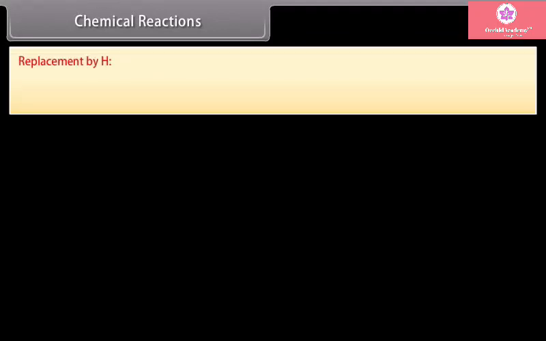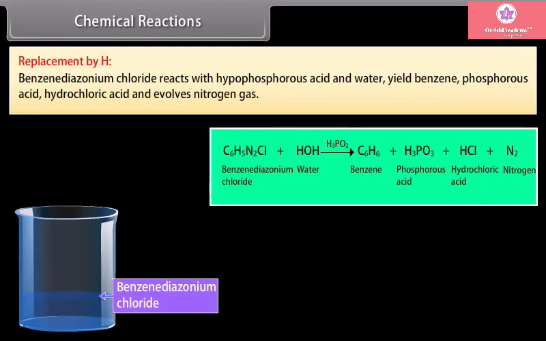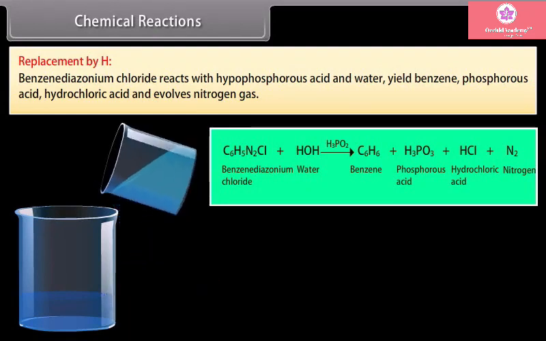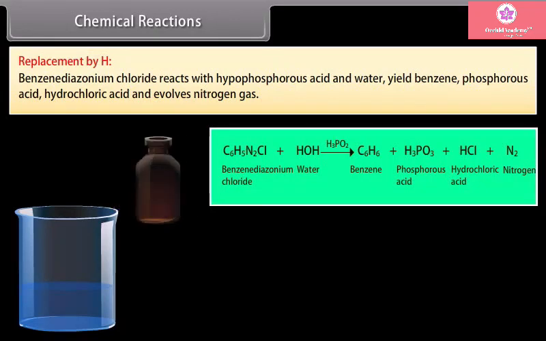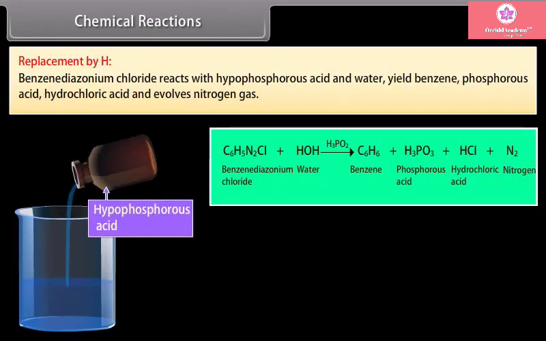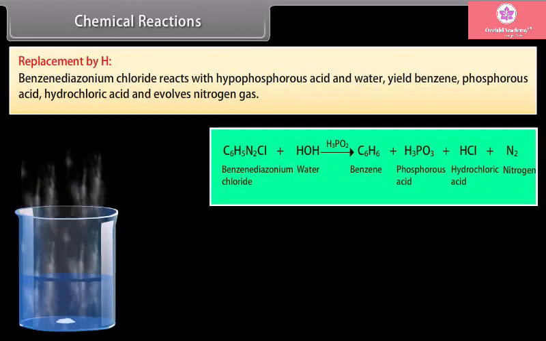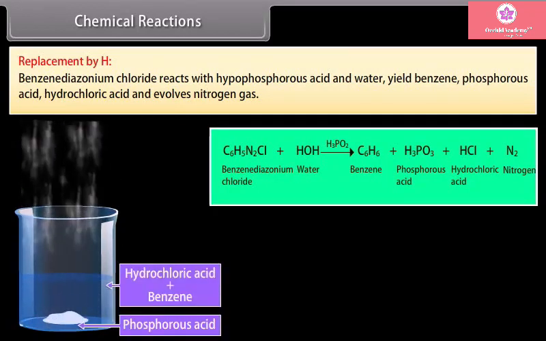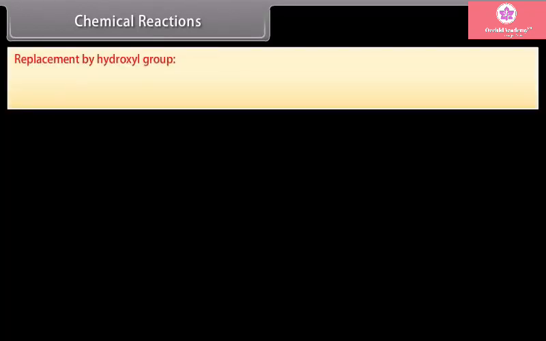Replacement by H. Benzene diazonium chloride reacts with hypophosphorus acid and water, yields benzene, phosphorus acid, hydrochloric acid and evolves nitrogen gas. Replacement by hydroxyl group.